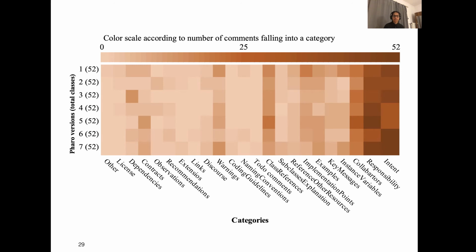Now, for all these information types that we have analyzed, we extracted class comments from the Pharo core system, for example, the core libraries like strings, streams, and files. So we expected that the core developers would be more aware of commenting practices, or at least they would try to follow these practices more often than other developers who are using this system.